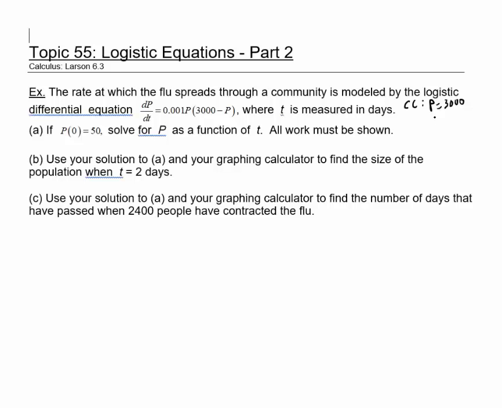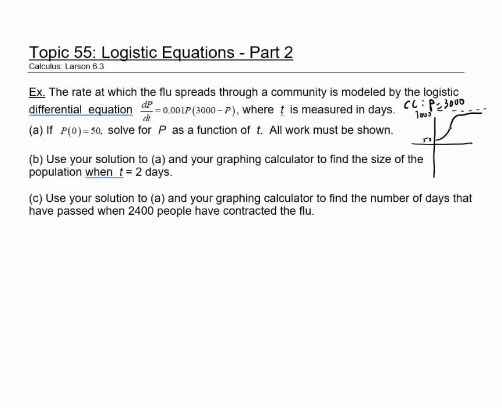And I know that all my logistic differential equations look similar. In this case, my initial condition is P(0) equals 50. So I'm starting here at 50, and then it's going to go up and reach 3000 right there. So this part would be 50, and this would be 3000 up here.